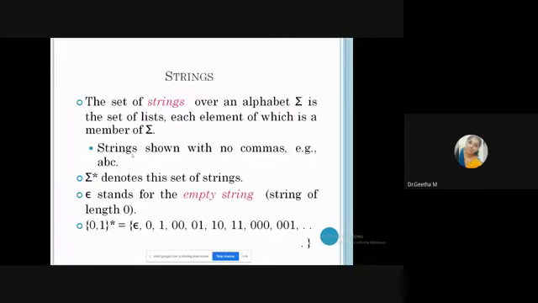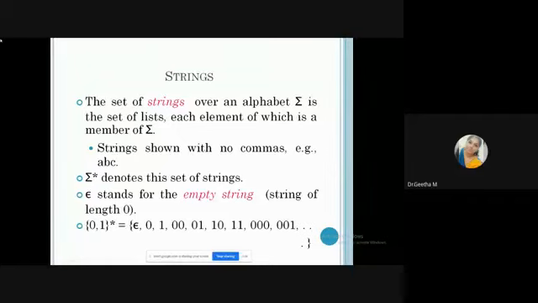Coming to the point of strings, you know that a group of characters is called a string. Here, the set of strings over an alphabet, the entire thing, is called sigma. Over an alphabet, sigma is the set of lists, each element of which is a member of sigma. So the whole collection of combinations of alphabets, the collection of strings, is called sigma here.